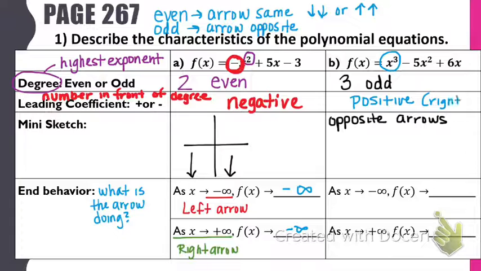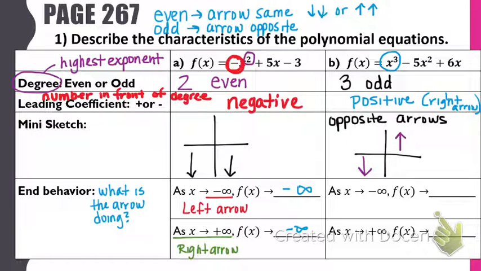So my right arrow is based upon whatever it says. So when I draw my little sketch, because it's positive, I'm going to make an arrow that goes up on the right side. But it's odd. So what is it going to do on the left? Is it going to go up or down? Down, because it's the opposite. Good job.